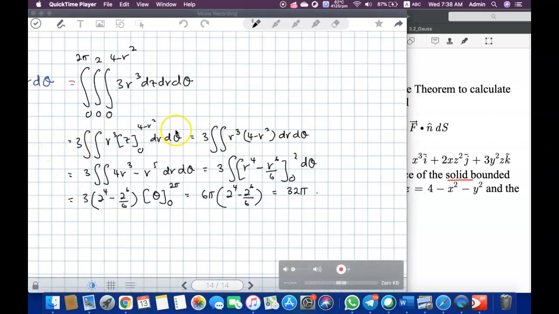Integrating one by one, the solution is 32 pi.